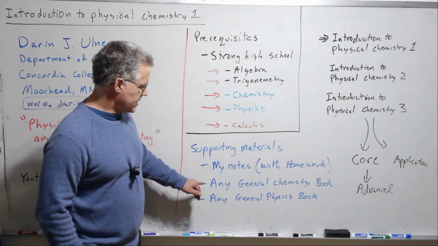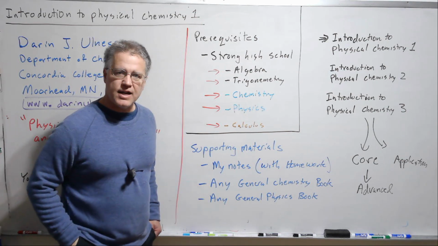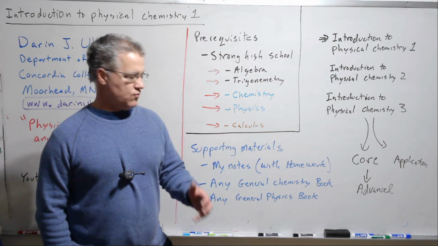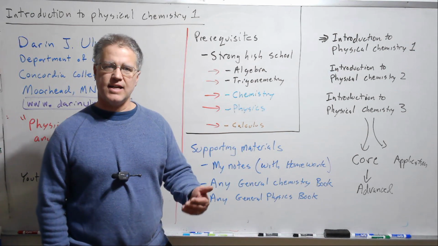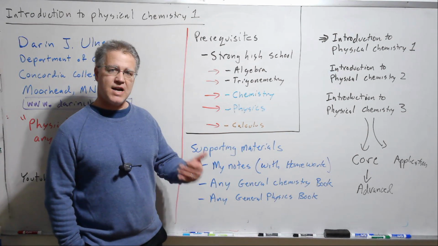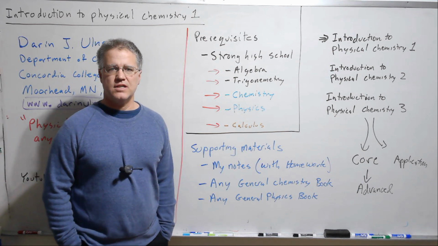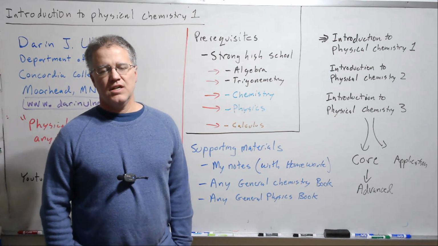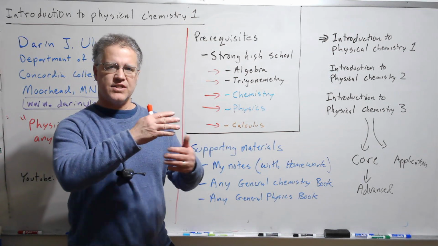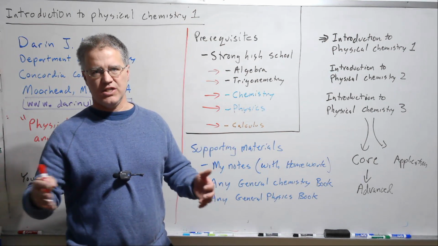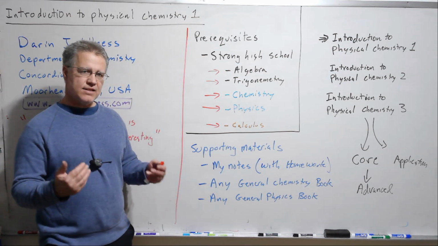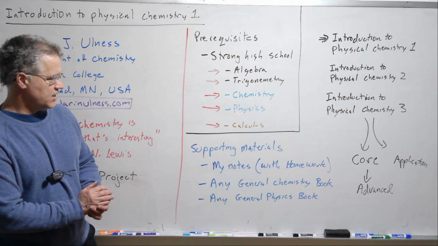Otherwise, pick up a non-calc based physics book. Most of the things I talk about here will be found in that non-calc based book. We will be missing some of the topics that appear in calculus based physics. One of the big notable ones is that we'll be doing a lot of our physics in 2 dimensions rather than 3 dimensions, so this course will be a little light on the 3-dimensional stuff.